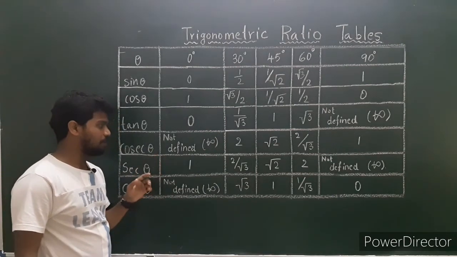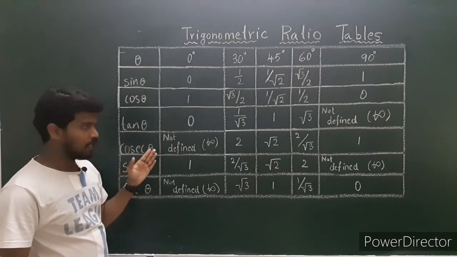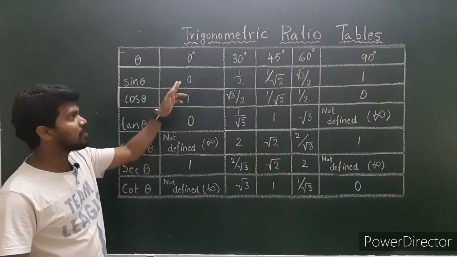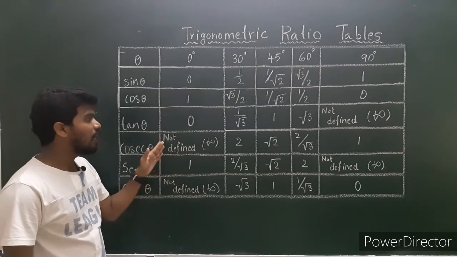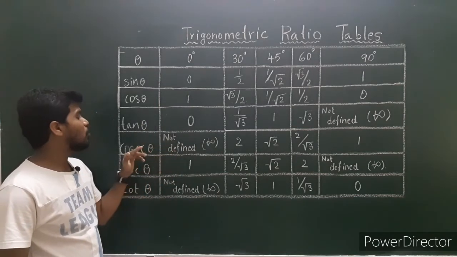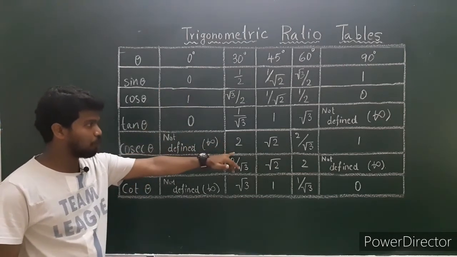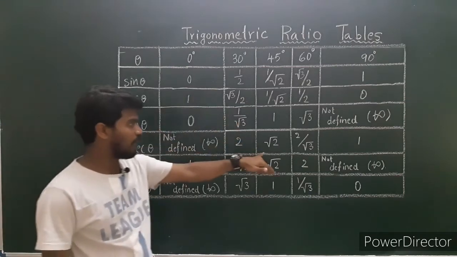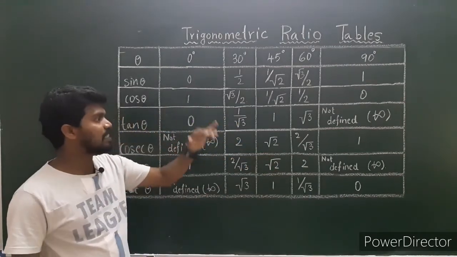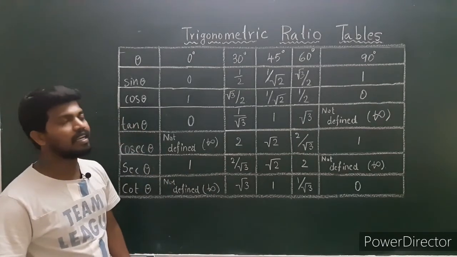Next, cosecant theta. Cosecant theta is just the opposite of sin theta. You see that sine increases from 0 to 1, whereas here it decreases. Cosecant 0 is not defined. Cosecant 30 is 2, cosecant 45 is root 2, cosecant 60 is 2 by root 3, and finally cosecant 90 is 1.